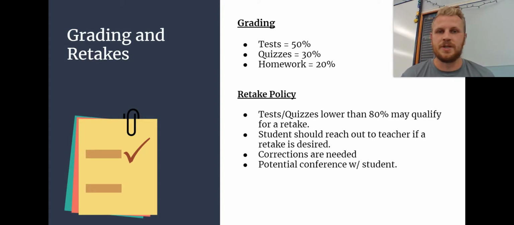We can do a Zoom session, anything like that, as long as you're talking to me and telling me what you'd like to do. I do need to see test corrections. So I need you to go back through the test and say, okay, I got questions 2, 4, 6, and 5 wrong. I'm going to redo those on a separate sheet of paper and send those in to Mr. Work to show that I know what I did. And then if necessary, you might need to have a conference with me so that we can discuss what you did wrong and just so I can make sure that beyond a doubt you're ready to retake the test.